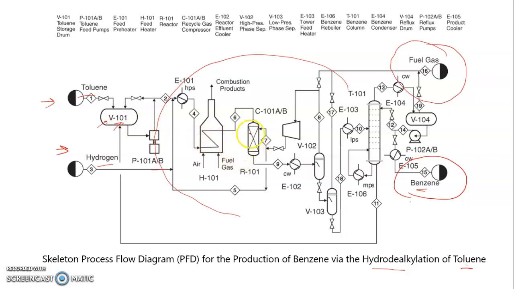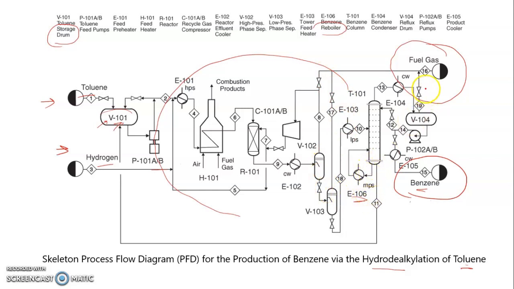For example, the symbol for a vessel. This V101, you can refer here. This is a storage drum. And then what else? We have a boiler here. E106, where is it? Here.